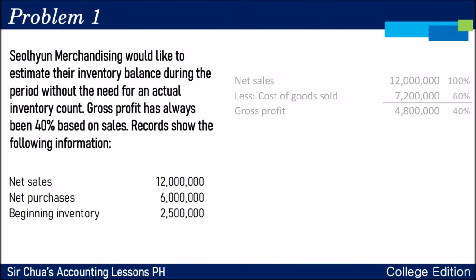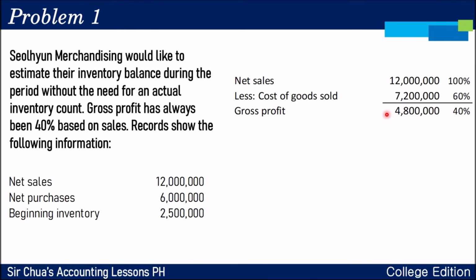Okay, we start with this point. Now, our net sales is 12 million. Ang sabi po natin, the gross profit rate is 40% based on sales. So, ang 100% natin is nasa net sales. Automatically, your cost of goods sold rate is 60%. Paano natin kukunin ngayon yung cost of goods sold? So, you just simply multiply 12 million to 60%. Ang lalabas po is 7,200,000.